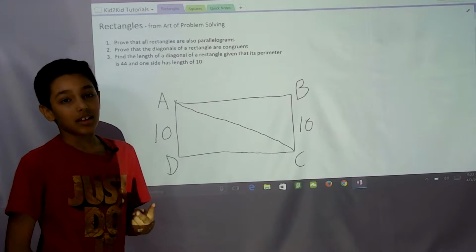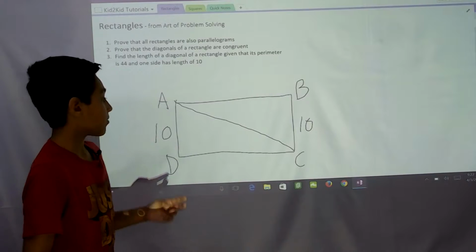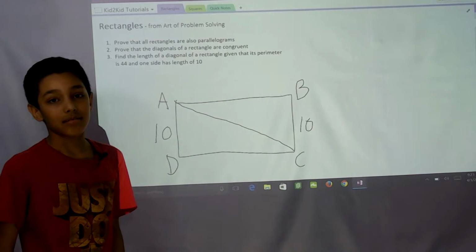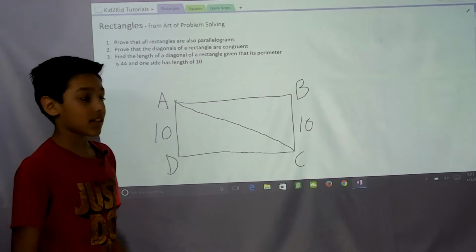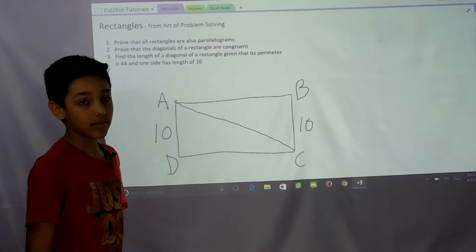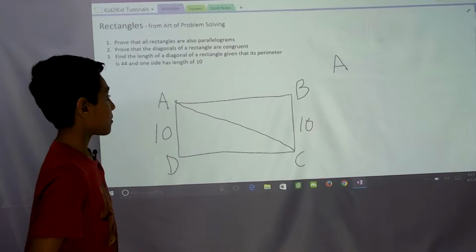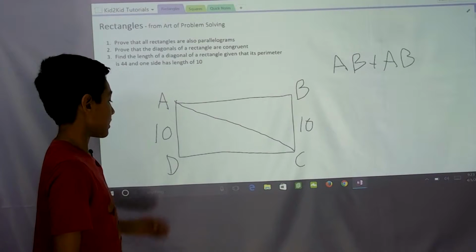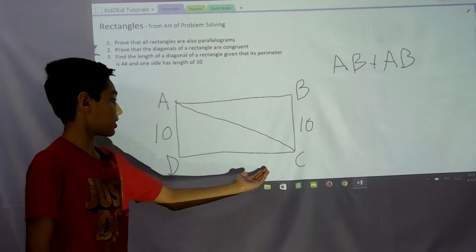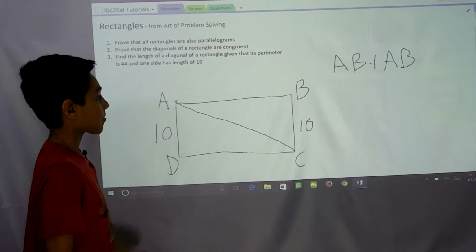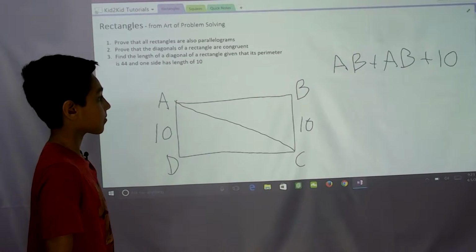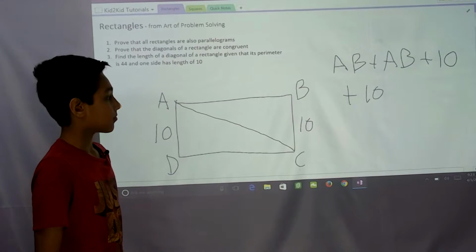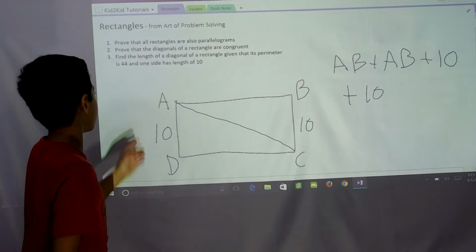So those are the two same side lengths, and then we add that to AD and BC to get the perimeter, 44. So we have AB plus AB, since AB is equal to this side, plus 10, which is this side right here, and then plus another 10, that side right there. And that is going to be equal to 44.